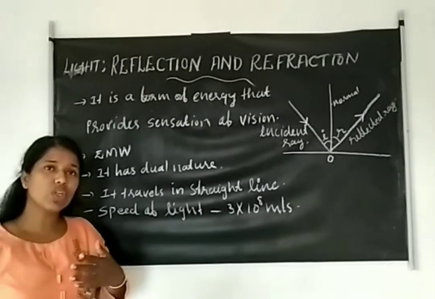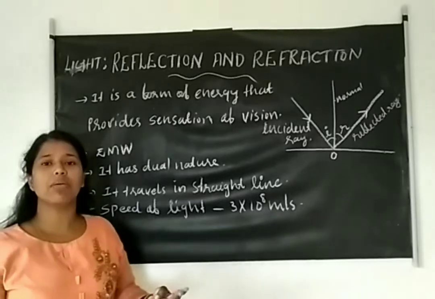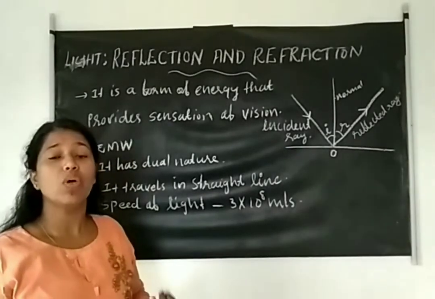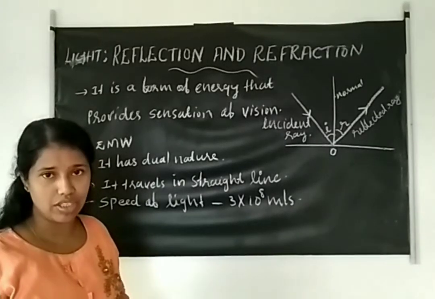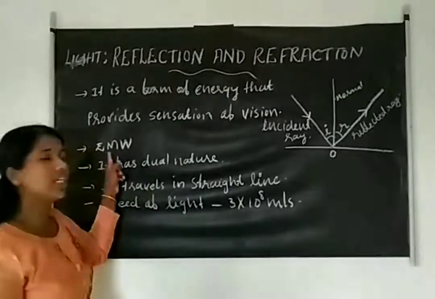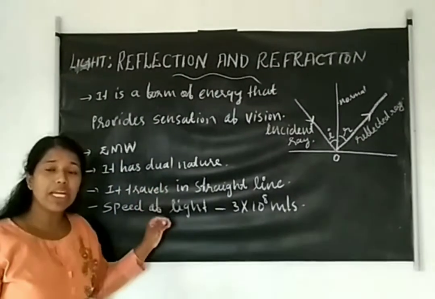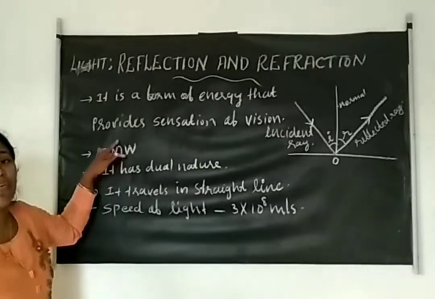No medium is required. Water is a medium, air is a medium, glass is a medium, but without a medium, it will travel. That is the first feature of light.